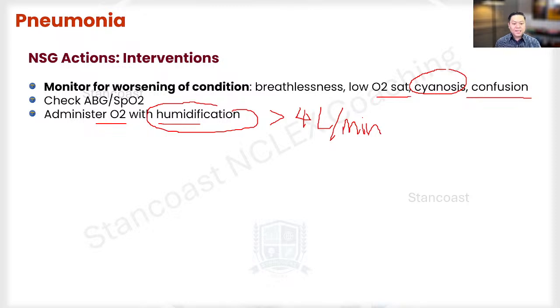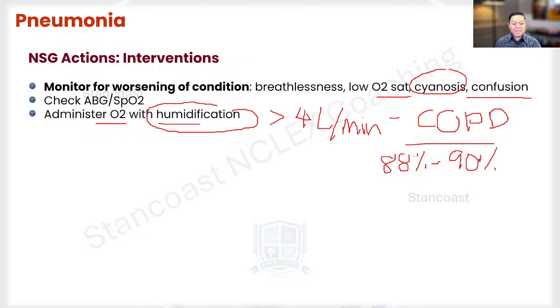Okay, now we are also going to be cautious in the delivery of the oxygen, especially if the patient may have a history of COPD. Remember what I said about the COPD patients? They're only going to require a minimal amount of oxygen, low oxygen concentration, let's say 1 to 2 liters at most, and we are going to maintain their oxygen level within the range of 88, maybe 90%, or 92%.